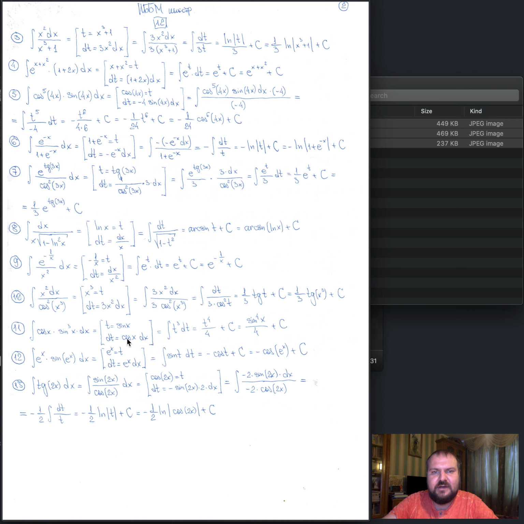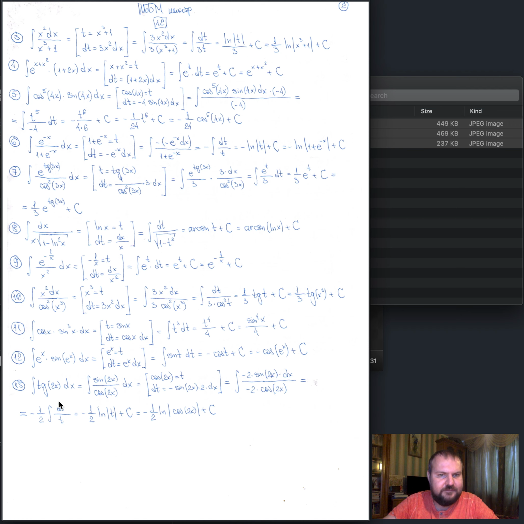Dt would be cosine x dx, and sine x cubed would be t cubed. We find the integral in terms of t. The answer would be t to the 4th divided by 4, and changing back, sine x to the power 4 divided by 4 plus C.